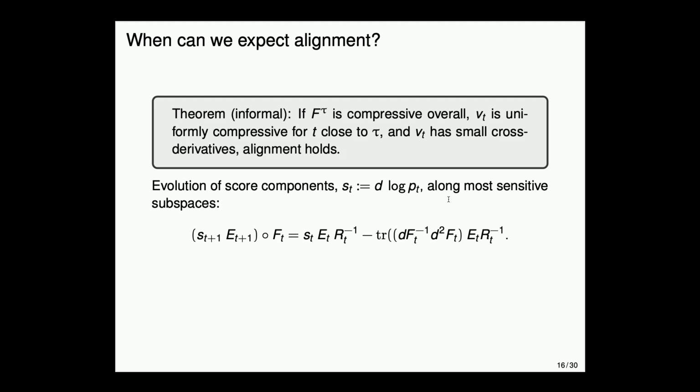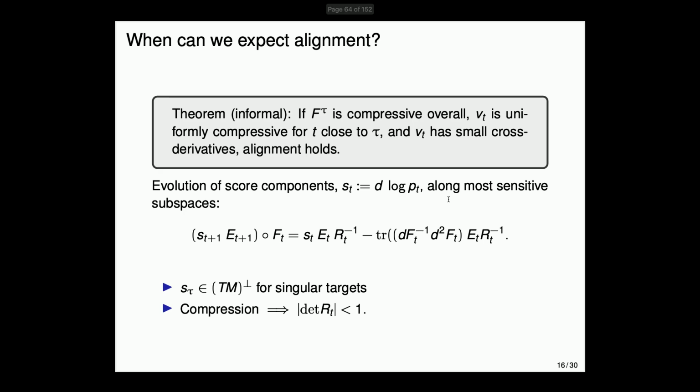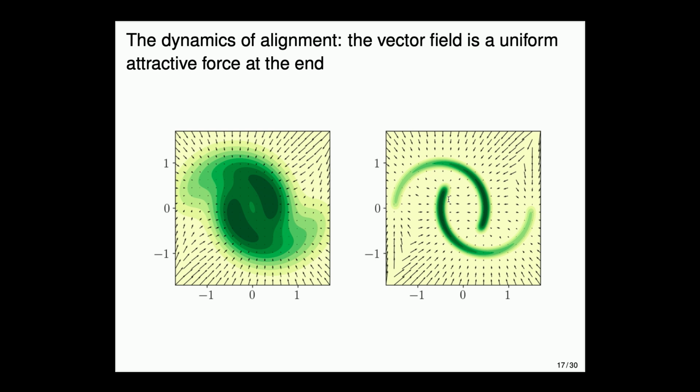So arbitrarily you can set S_0 dot E_0 to be 0, and if the angle between S_t and E_t goes to 0, that's when you have alignment. And for diffusion models you can show that this happens.